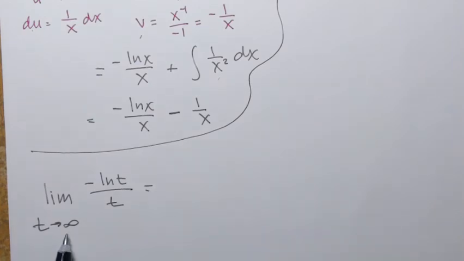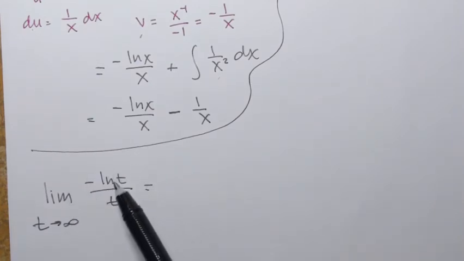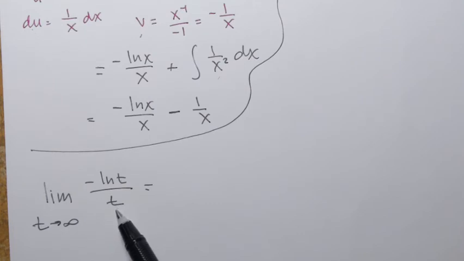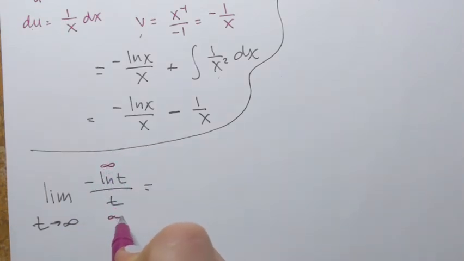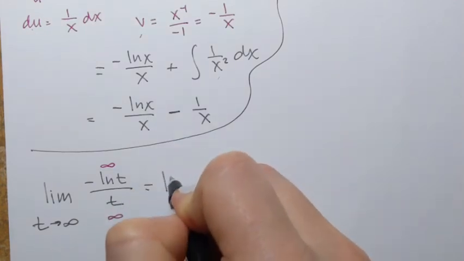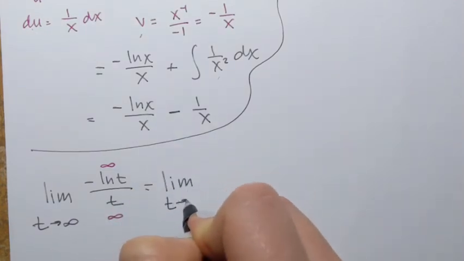Now, if I plug in infinity, it's going to be infinity over infinity, right? And that means that that's something that qualifies for L'Hopital's rule. So let's use L'Hopital's rule. So that's negative infinity over infinity. L'Hopital's rule goes like this.